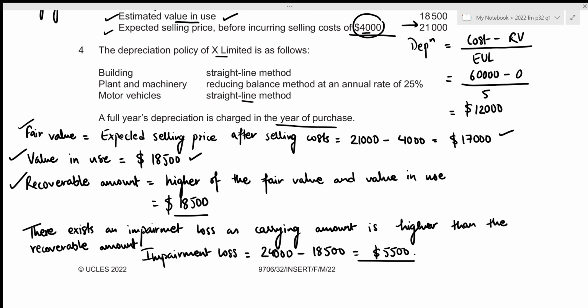Now remember that the correct step is not to subtract this amount of 5,500. What we need is for the ending date value to be equal to our recoverable amount. So that is 18,500, right? This is the value that we require at the date of 31st December 2021. So let's write that down.